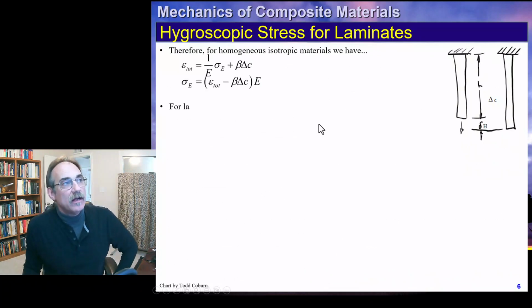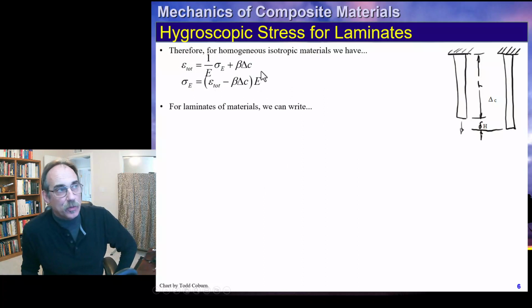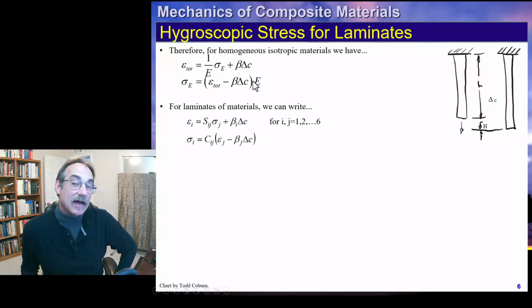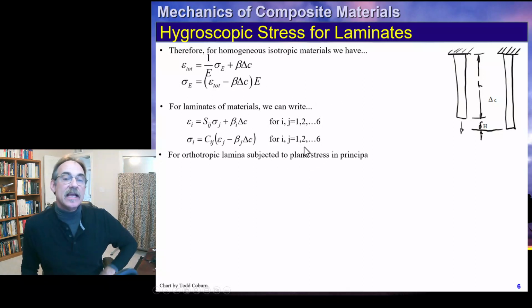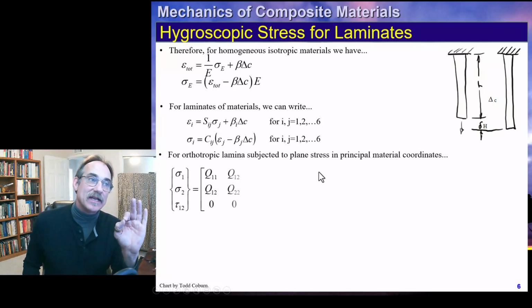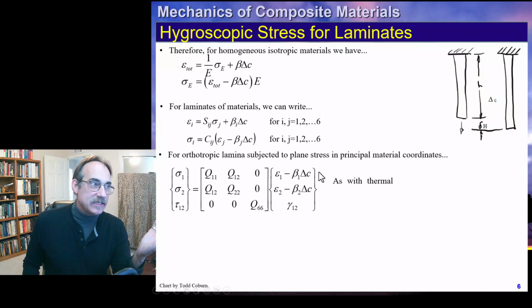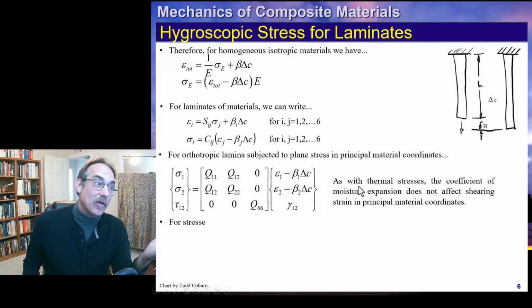Once again, we saw for isotropic material these two relations for strain and for stress for an unconstrained rod, which for laminate or composite materials, we might have relationships like this. If we have an orthotropic lamina, we can write it this way in principal directions, just like we saw for thermal.